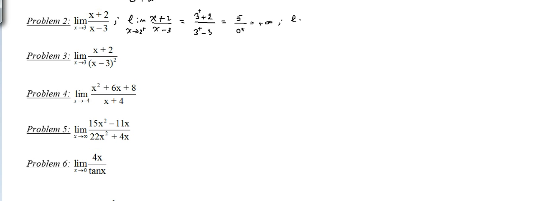So the answer is plus infinity. While the limit of x plus 2 over x minus 3 as x tends to 3 minus, it's 3 plus 2 in the numerator. Also, we have no problem having 3 minus, because 3 minus plus 2 is 5, over 3 minus minus 3. 3 minus is less than 3, so we end up with 0 minus, and that gives me negative infinity.